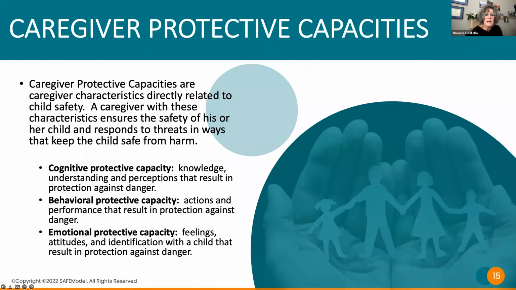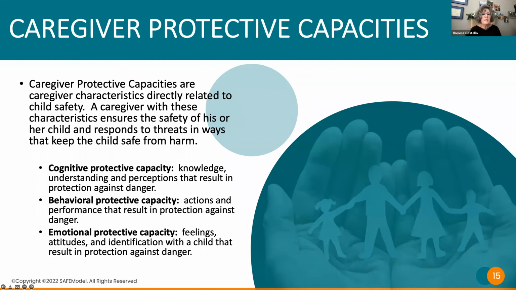So there's essentially a framework that structures the understanding about the caregivers, people who are in a caregiving role in that family, their cognitive, behavioral, and emotional protective capacity. And this needs to be understood in the context specifically of safety. This is not about a broad understanding.